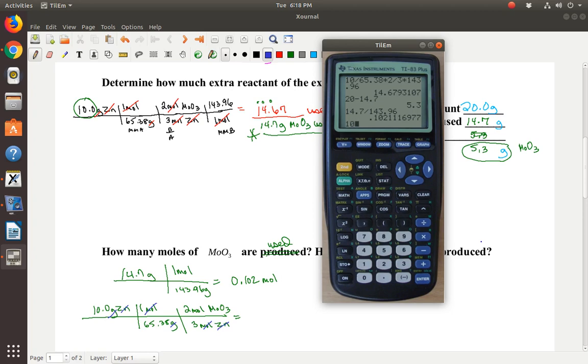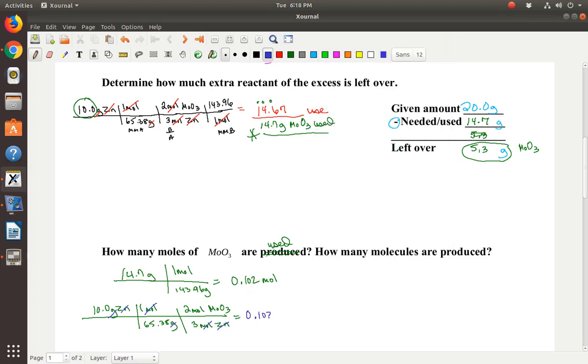So 10 divided by 65.38 times 2 divided by 3. 0.102. Same, I got the same thing. 0.102 moles of MoO3. All right, so I just wanted you to see that you could turn it into moles.